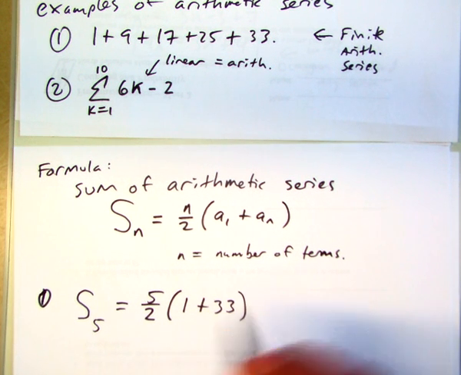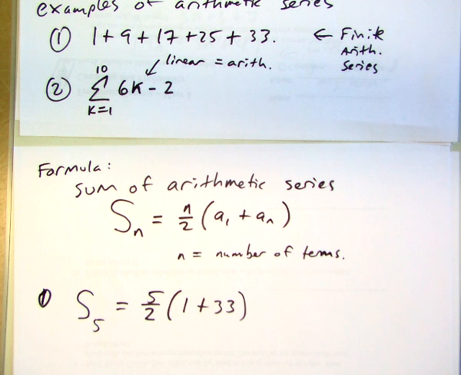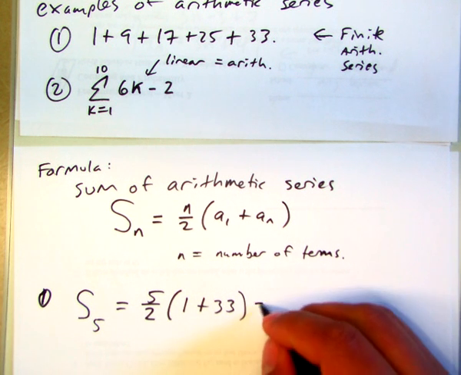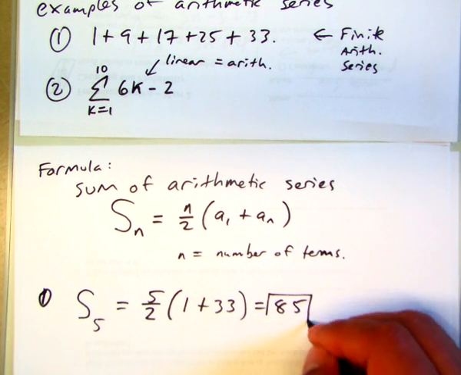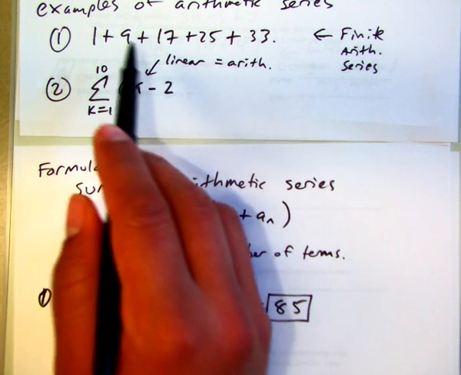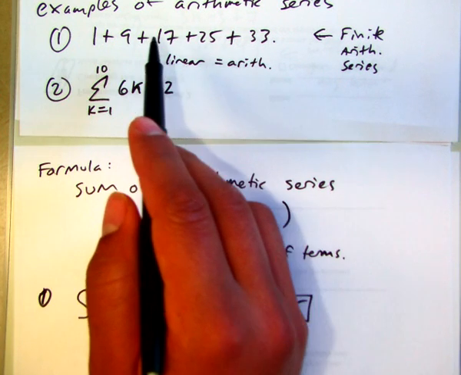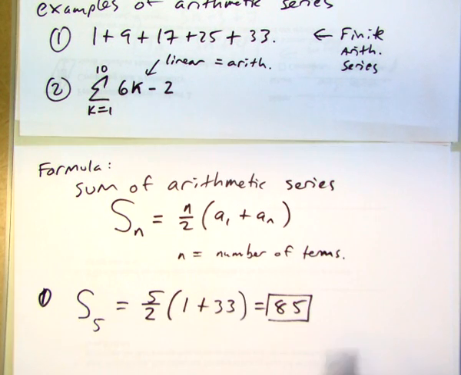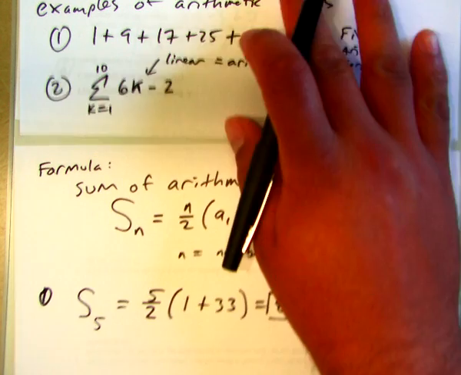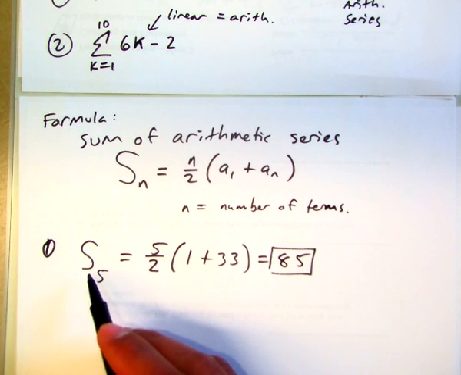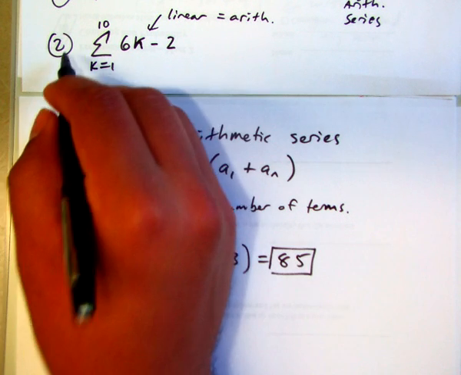So you type that in the calculator, and you're done. You get 85. And if you don't believe me, you can take 1 plus 9 plus 17, 25, and 33. You should get exactly the same answer. Okay? Where would this be useful?